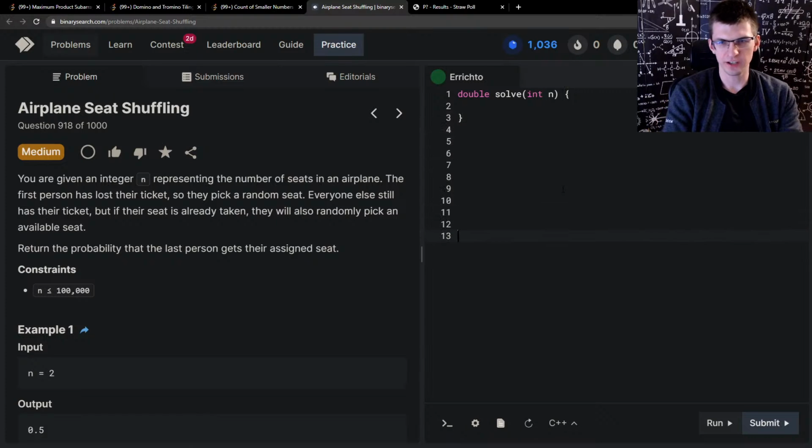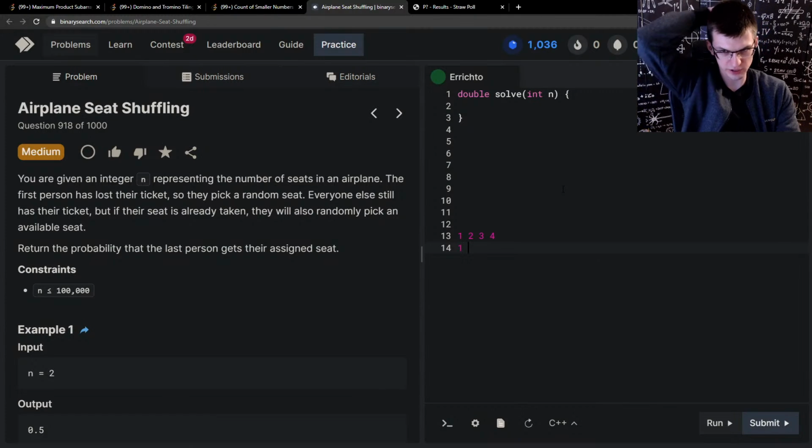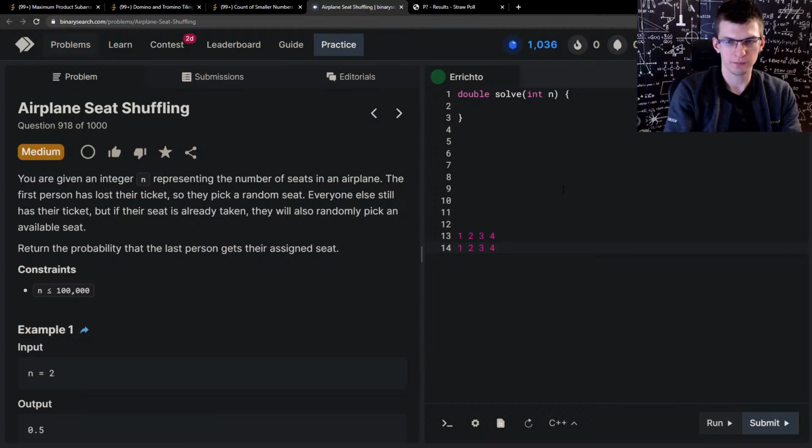All right. There are n seats. Let's say there are 5 or 4. The first person, instead of taking the first seat, takes a random seat. If he takes the first seat, then every next person will just take a proper place. Everything will be good. But otherwise, let's say that 1 sat down on place 3.